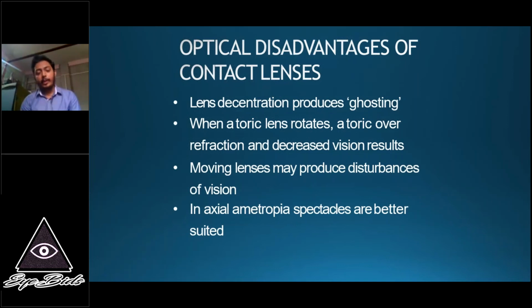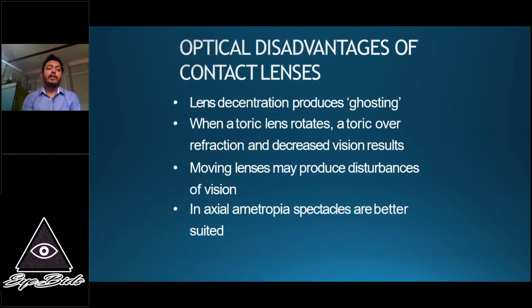So it is better in spectacle, because if you are comparing the relative spectacle magnification, comparing axial ametropia with the emmetropic patient, the image size is almost the same in the spectacle, so it's obviously better to go with spectacle rather than going for the contact lens.